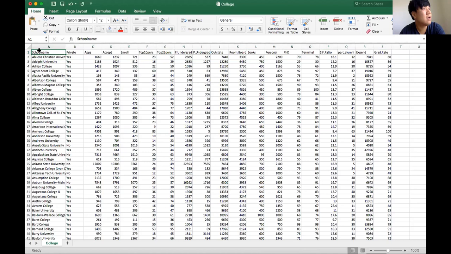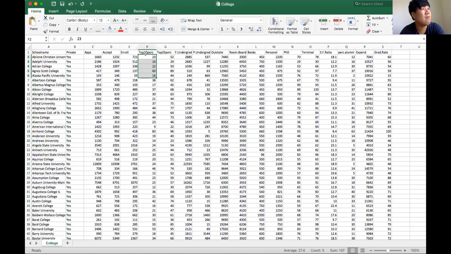The first column is the school name. The second one is whether they are private or not. This is the number of applicants. This is the number of accepted students given the number of applicants. This is the number of people who are enrolled. And this is the top 10% of people who are graduating from high school. And then the next one is the percentage of new students.